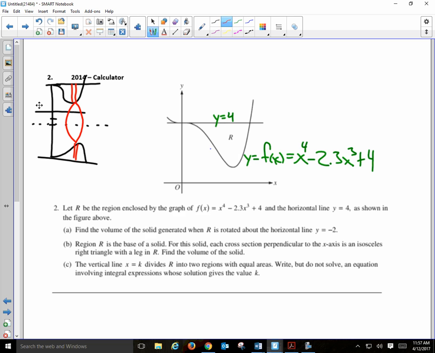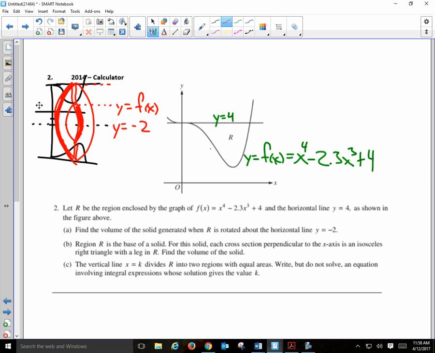Do I get a disc or a washer? Why do you get a washer? So let's look at this washer right here. This is y is equal to negative 2. What makes up the inside of that washer?